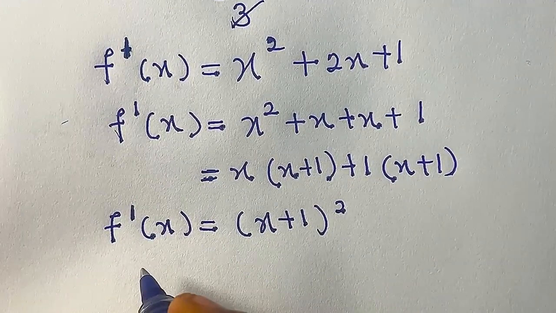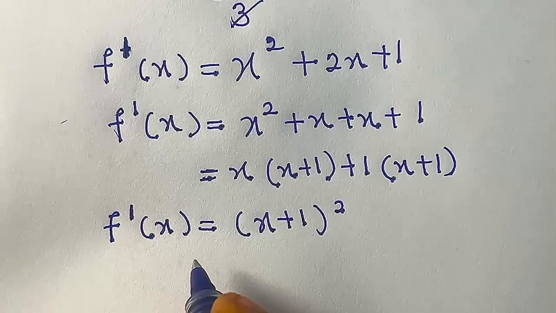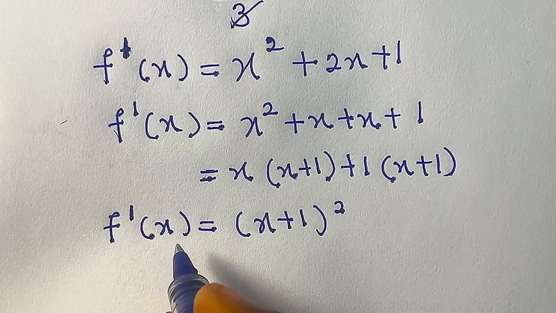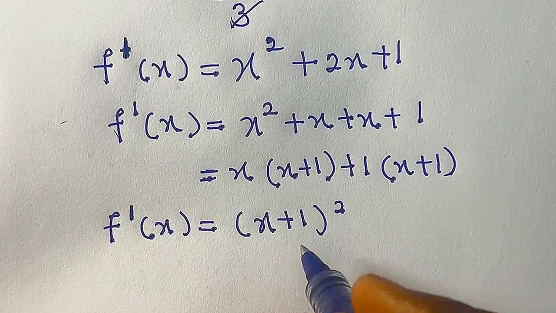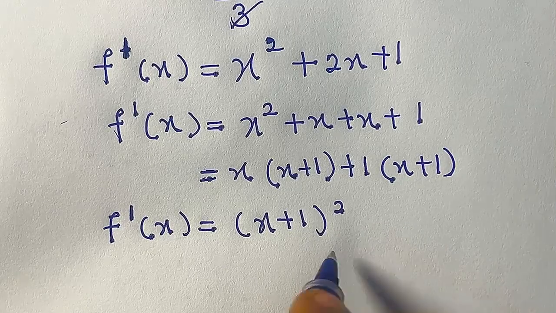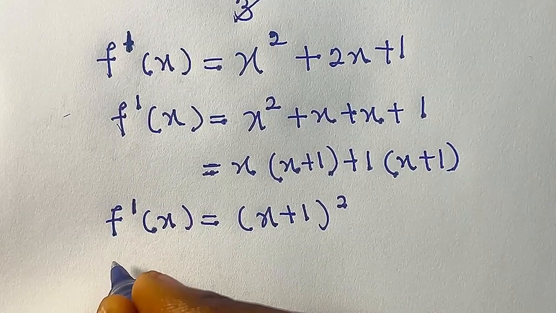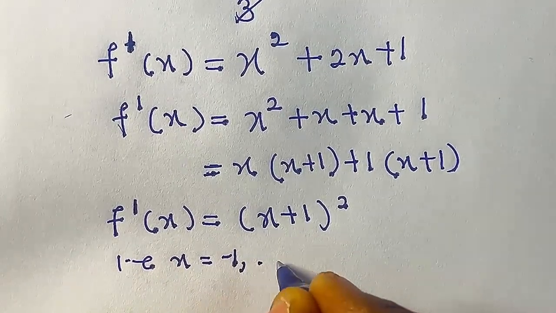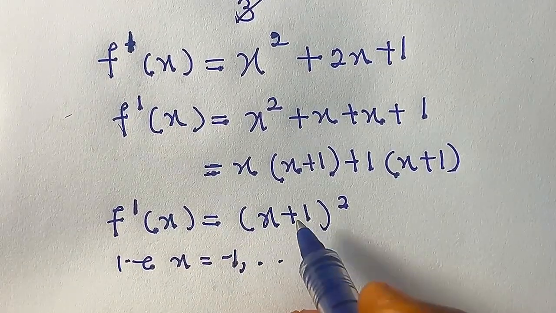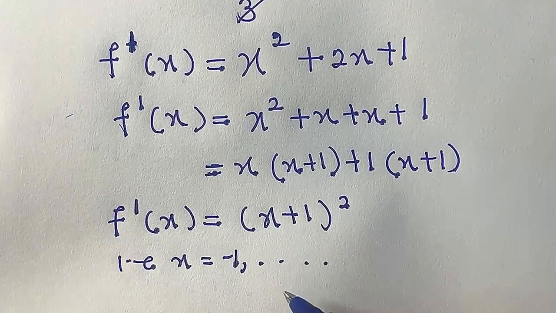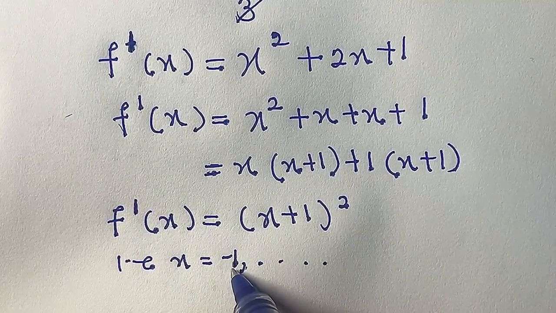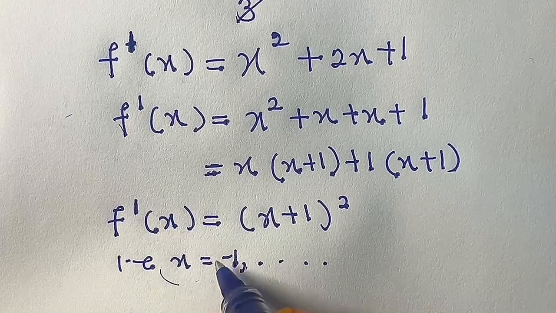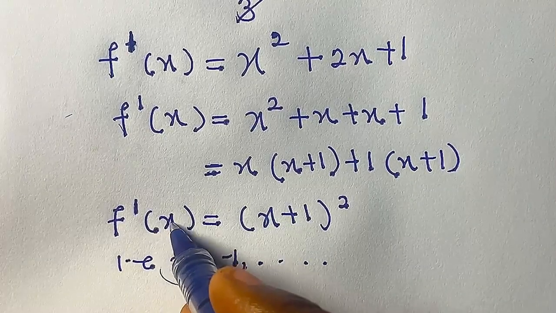So this tells us that f prime of x is greater than or equal to 0, which is true for all values of x. For example, if x equals minus 1, it is going to be greater than or equal to 0. The least value is at minus 1, because this is the value that turns this derivative to 0.